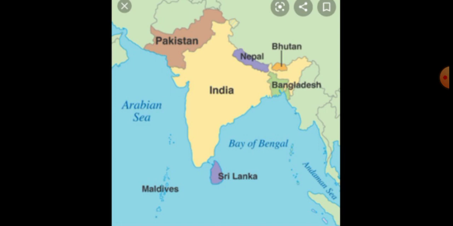So that's why India is famous for the common saying of unity in diversity, because people of different languages, castes, religions and cultures are there, but they are living together.